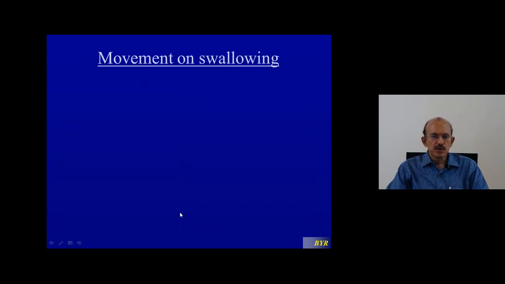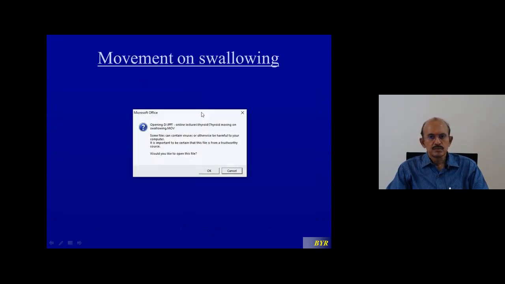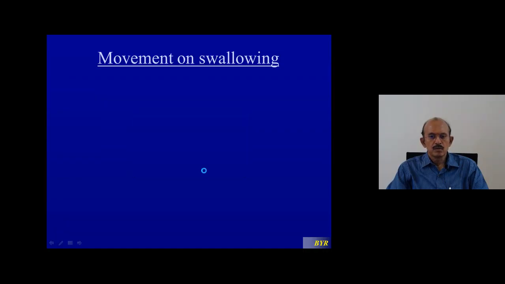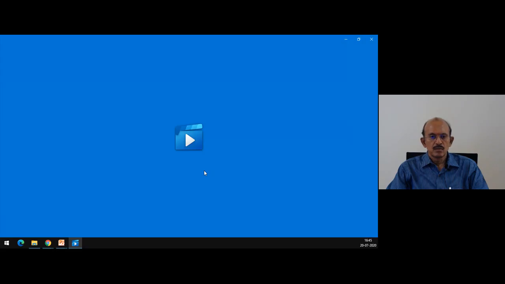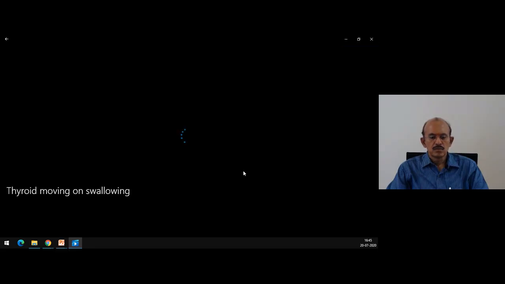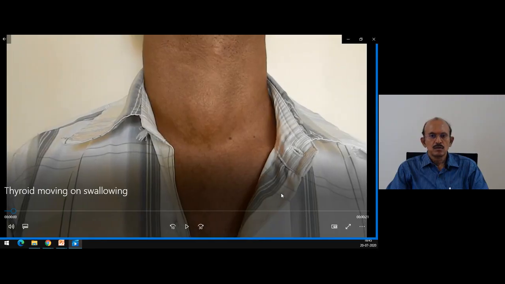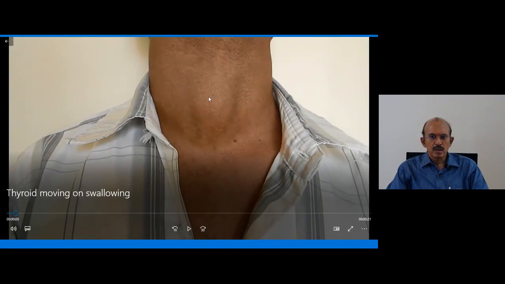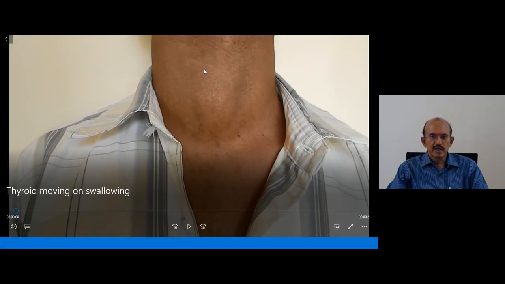It moves on swallowing. You can see here, this is the lobe of thyroid gland.